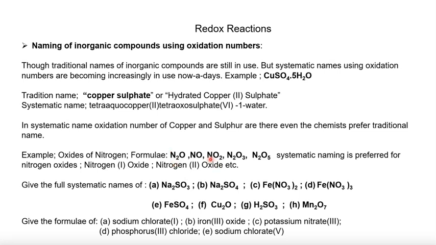If we go for this, nitrogen 2 oxide, we don't say monoxide, we say nitrogen 2 oxide. That is a systematic name. So in a few cases, we prefer naming systematically, but in other cases, we also use traditional naming in naming inorganic compounds. There are some examples of formulas and also naming.